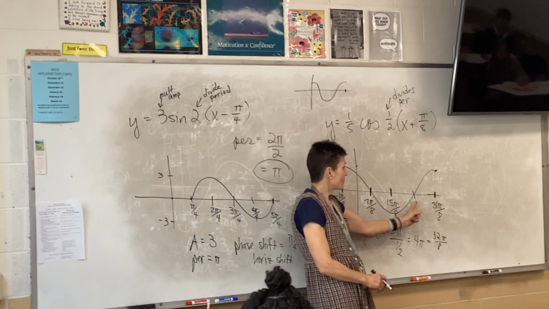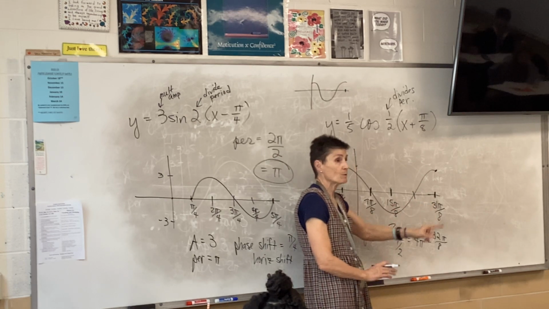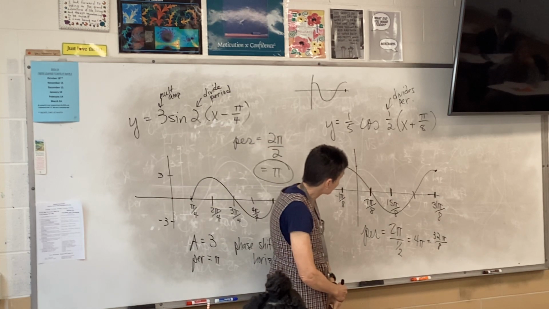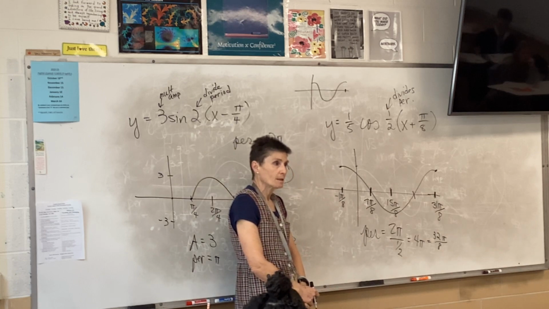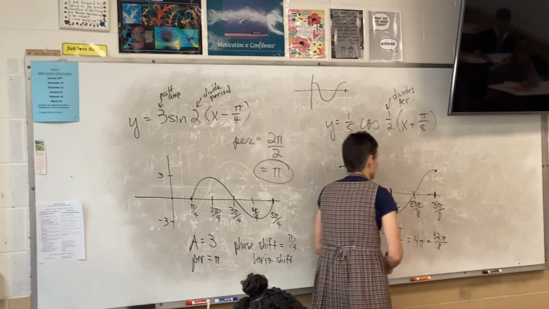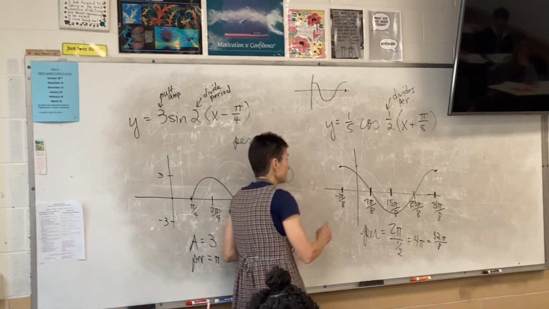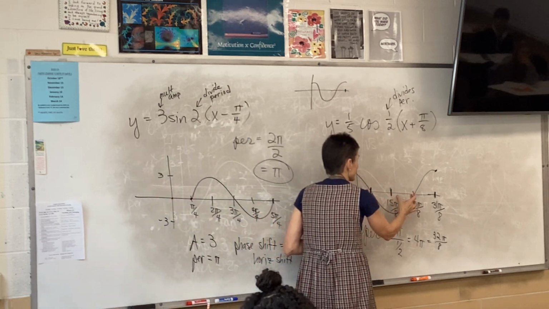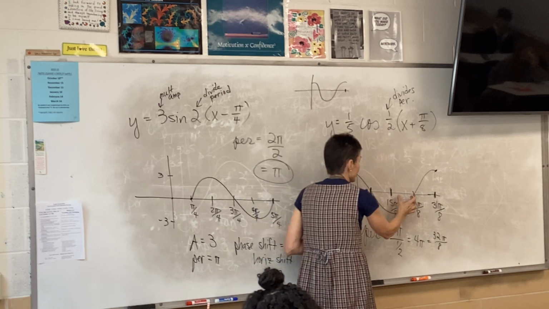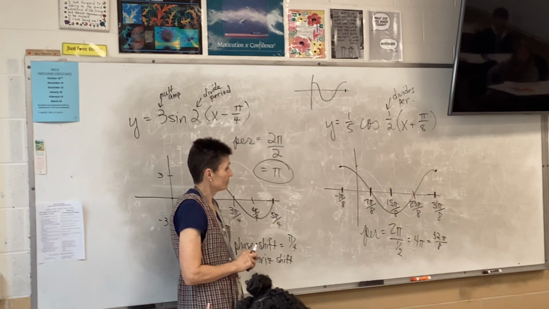And guess what? That one is in the middle of 15 and 31. So 15 and 31 is 46, and half of 46 is 23. Everything is evenly spaced. Everything is 8/8 apart.